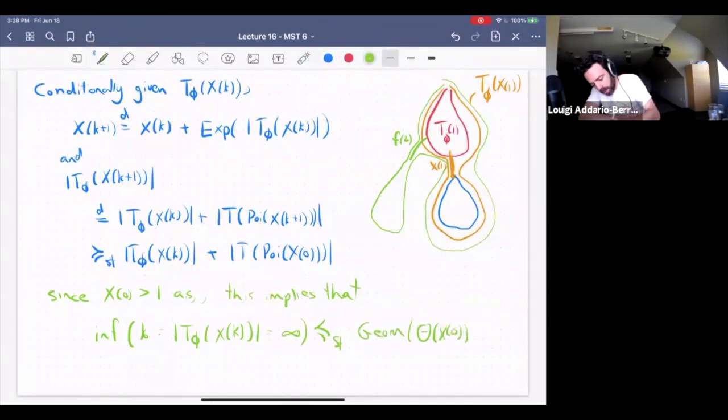And that probability only goes up as the steps go on. Okay, so this is finite almost surely.